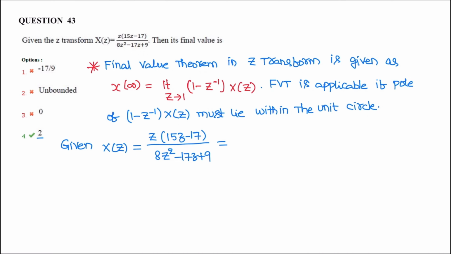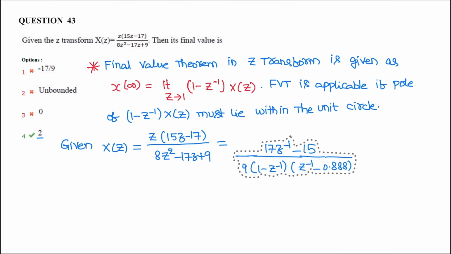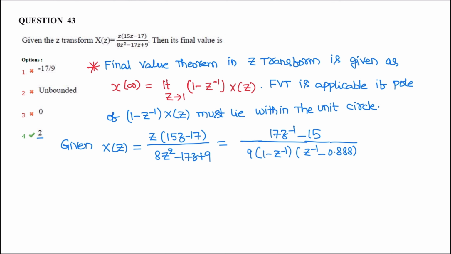Given function x of z is equal to z into 15z minus 17 divided by 8z square minus 17z plus 9. Rearrange the given expression. After rearranging, it is 17z inverse minus 15 by 9 into 1 minus z inverse minus 0.88. Now apply the final value theorem to calculate the final value. X of infinity is equal to limit z tends to 1 of 1 minus z inverse times x of z.